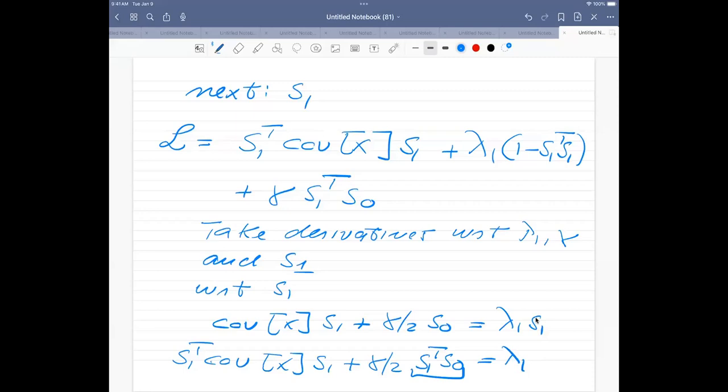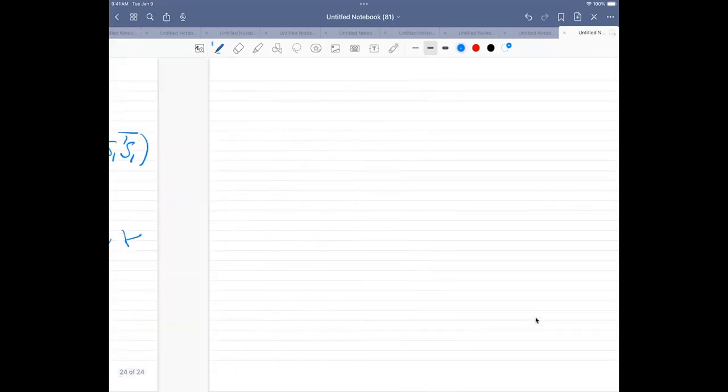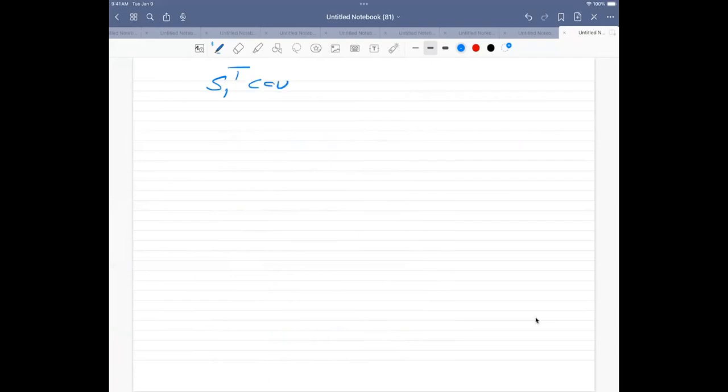So then you can find again that S1 transpose times the covariance of X times S1 is equal to lambda 1. So if you do the singular value decomposition, this should actually be V1, which corresponds to the second largest eigenvalue.